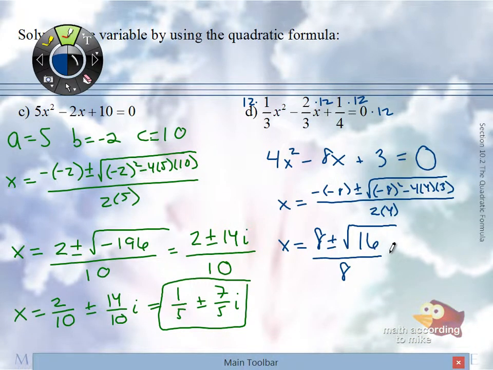What is the square root of 16? Now from here, whatever you want to do, you know what, let's do it together. Let's do the positive one first. What is 8 plus 4, then divided by 12? 8 plus 4 is 12. Yep, 3 M's, good job. Divided by 8, excuse me. 8 minus 4 divided by 8.